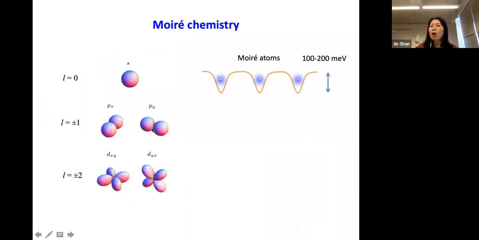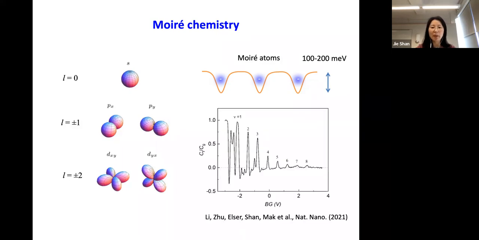From a single particle point of view, I have those artificial atoms, and you can think about adding electrons into those atoms. So for example, if I add one electron, it takes up one type of atomic orbital. And if I add more, you can have S, P, D. And this way you can really build up your periodic table and do moire chemistry.